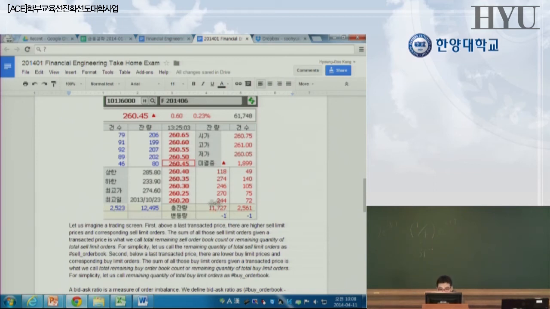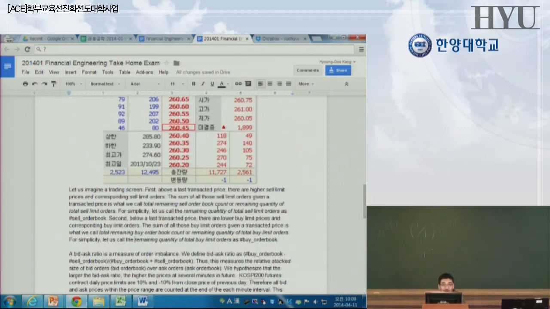This number is called the total remaining buy order book count, or remaining quantity of total buy limit orders. For simplicity, let us call it the sharp buy order book.